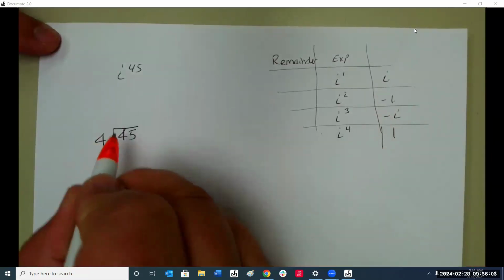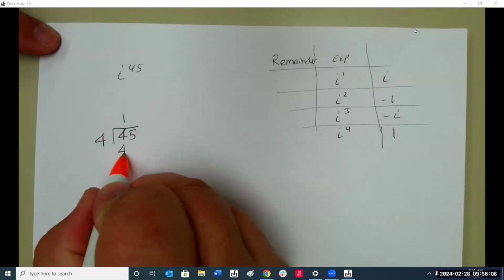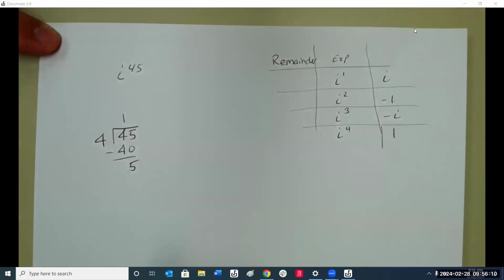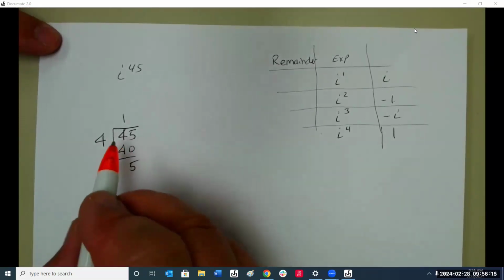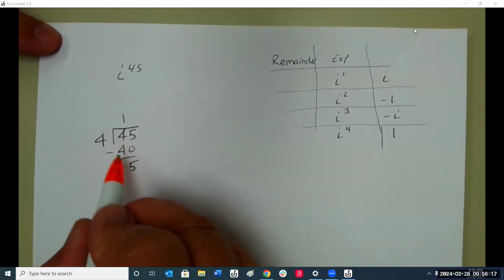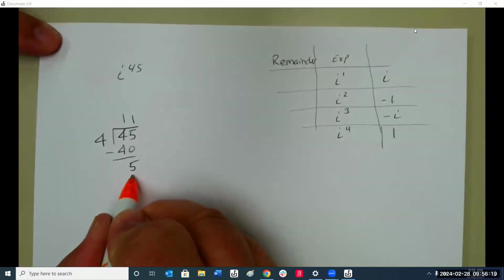So 4 goes into 45 ten times, with a remainder of 5... 4 goes into 5 one time.